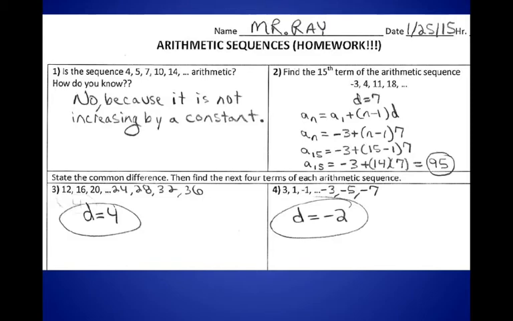So this is the homework from last night, arithmetic sequences, so go ahead and pull that out and start checking. So here are the first couple. And the teacher will keep pausing as needed.